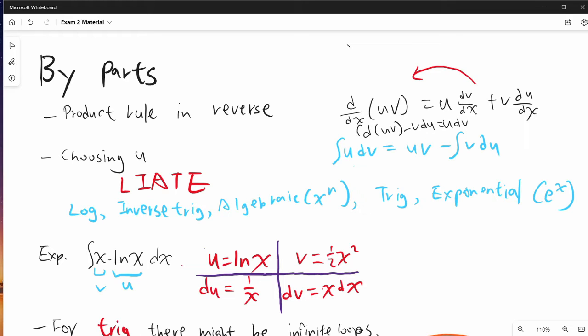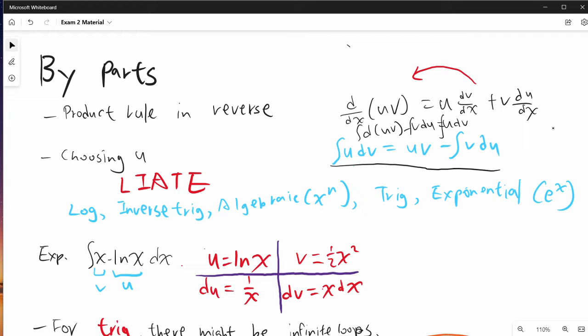and then I integrate all of this. I integrate each part, and the integration and the differentiation cancel out. So you have uv minus the integral of v du equals the integral of u dv, which is what integration by parts is.